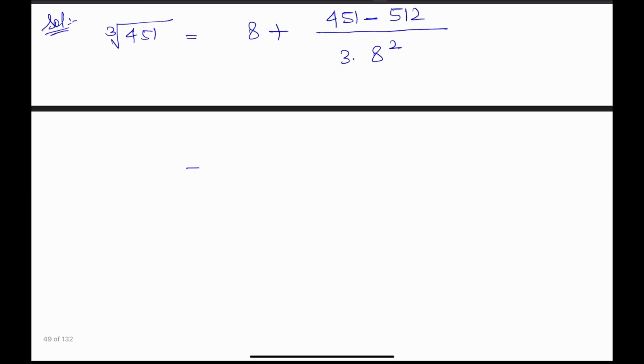So the difference will be 61, because 51 plus 49 is 500, 49 plus 2 is 51, 51 plus 10 is 61. So it will be 61 by 8 square, which is 64, 64 into 3 is 192. It will be 192.